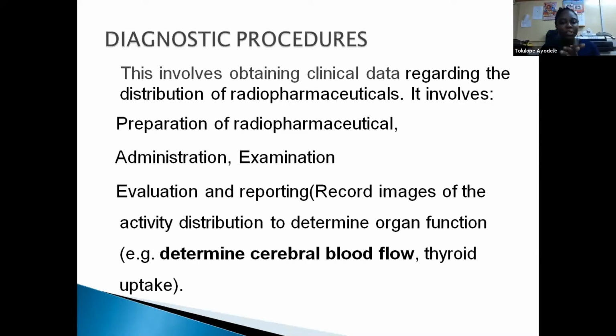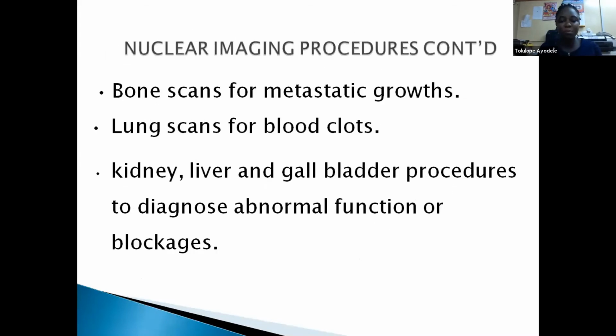For the purpose of diagnosis, some of the applications involve organ function. Nuclear medicine is a functional imaging modality, as compared to radiographic images whereby anatomical information could be deduced. So you could actually know how well an organ is functioning through a nuclear medicine procedure. Examples include determining the rate at which blood is flowing in the brain, the rate at which the thyroid is taking up iodine, and many more functions.